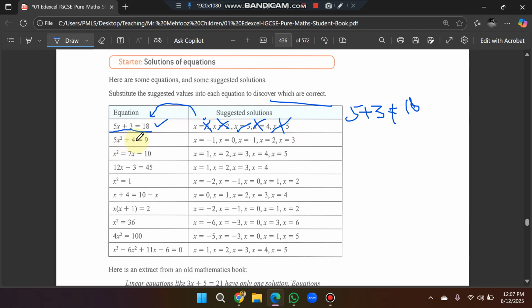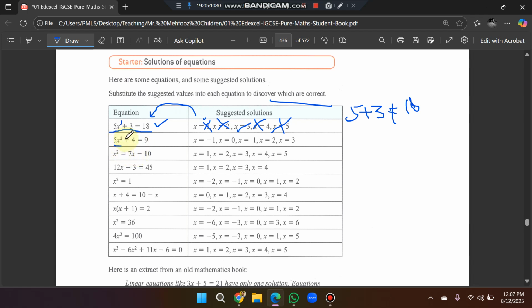And one more thing: if you have x raised to the power 1 in this equation, then you have only one solution of x. If you have x square in the equation, it means that now we have two solutions, because this is a quadratic equation and a quadratic equation has two solutions.